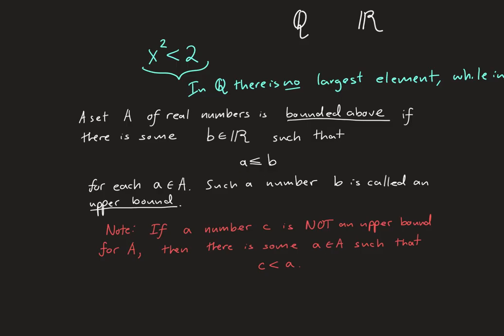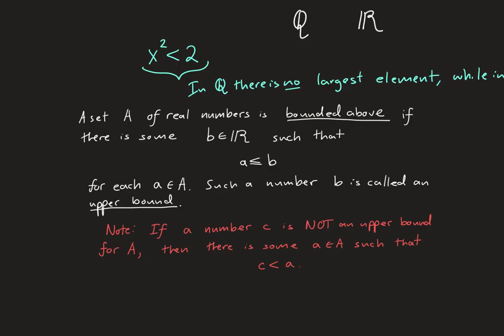It's not necessarily big, but there's some real number out there such that each element of our set A is less than or equal to this number. Such a number B is called an upper bound. Okay, so that's what it means if a set is bounded above.